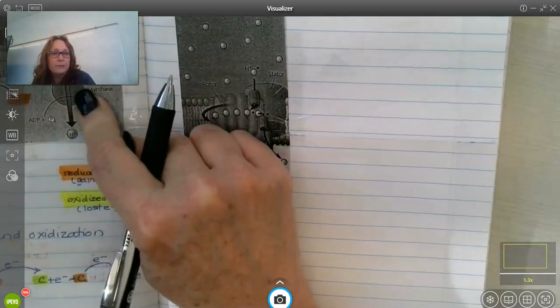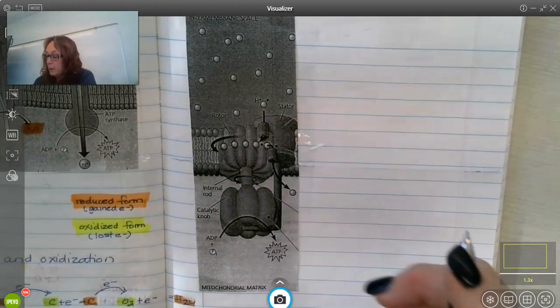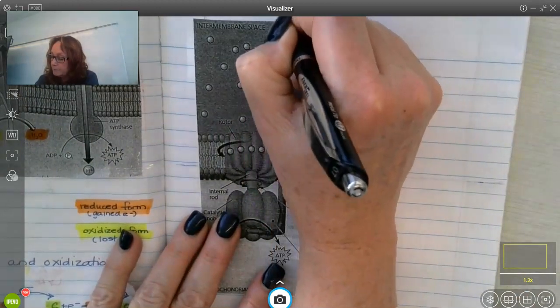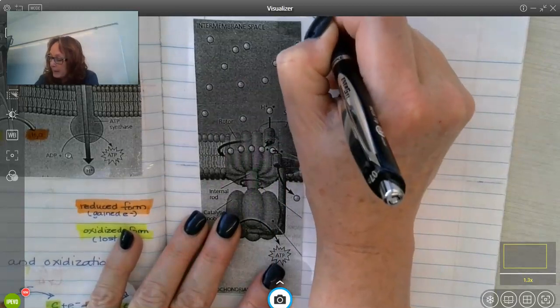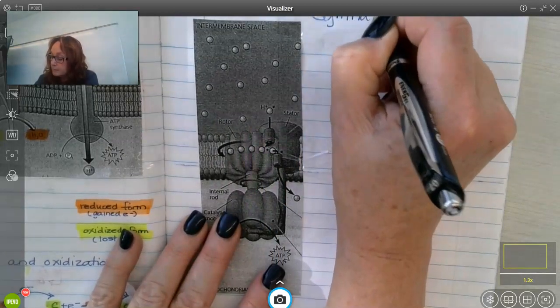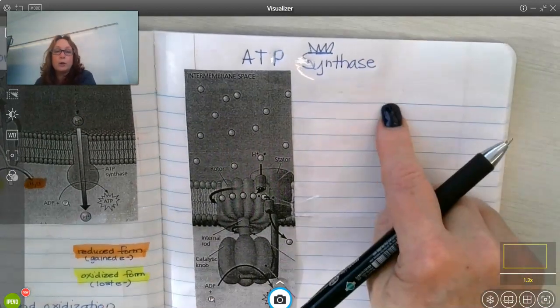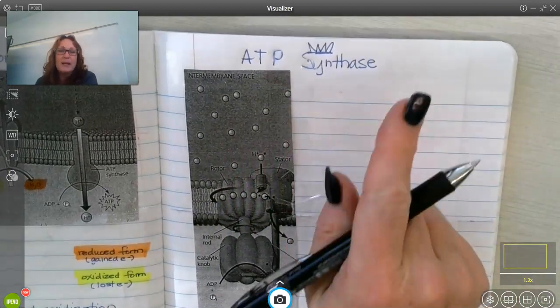Let's talk about this molecule. If there ever was something that should wear a crown, ATP synthase should.